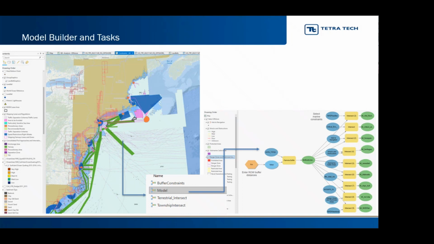And so, we'd pick a potential route, and then we have to rearrange it a little bit, and we have to pick a different landing site, or we have to scratch the route entirely and choose a new route. Model Builder was the obvious choice for putting all your work in there. If you're going to have to run it multiple times, there's no point in building it from scratch each time.